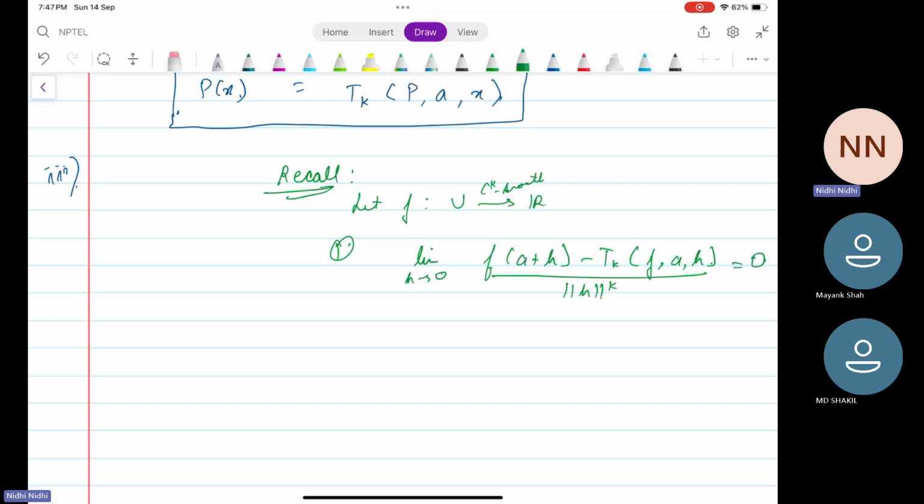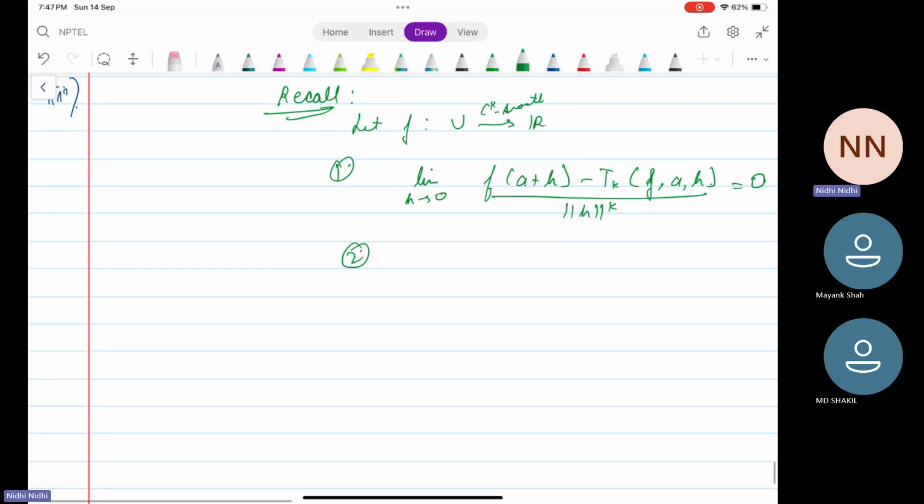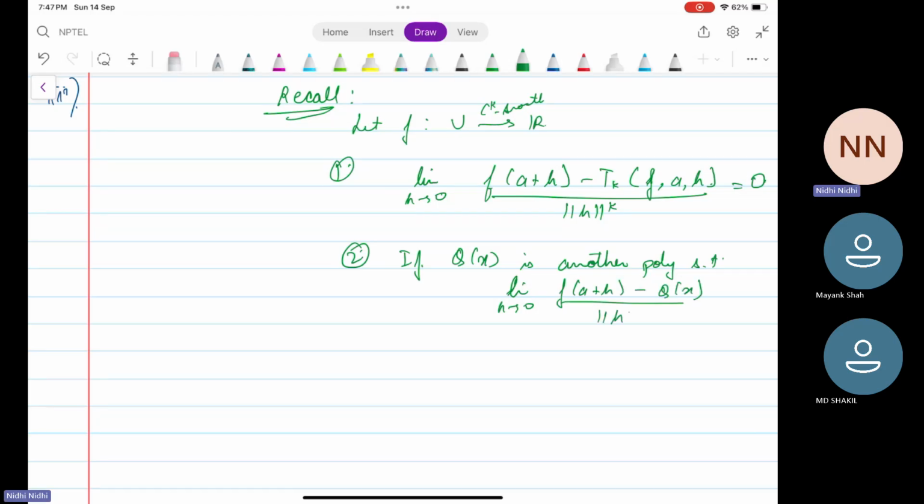Secondly, if q(x) is another polynomial such that the limit as h tends to 0 of f(a plus h) minus q(h), upon norm h to the power k, is 0, then this q is actually equal to T_k.